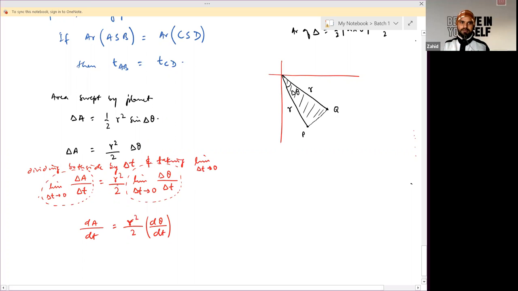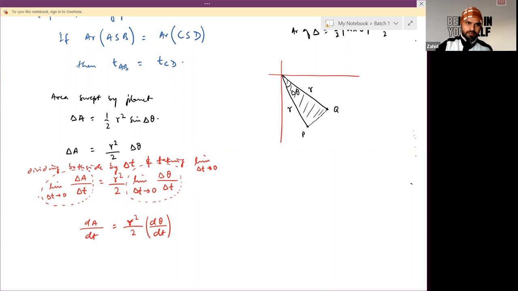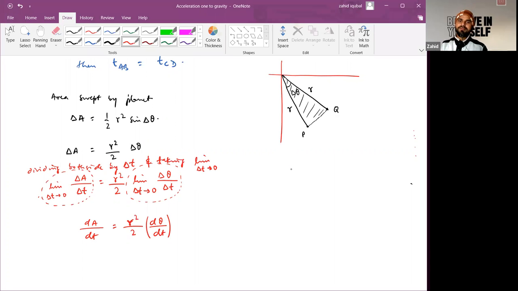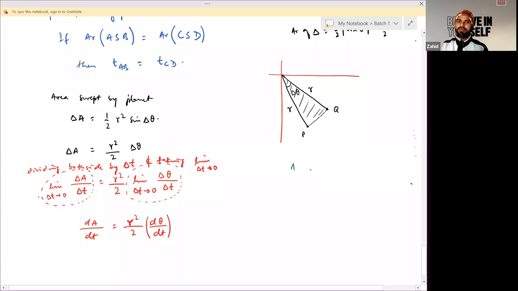Now just dividing both sides by delta t and taking limit delta t tends to 0 to make this change instantaneous. Now we can write angular momentum, which I defined in the last chapter in the rotational part, equals I times omega.